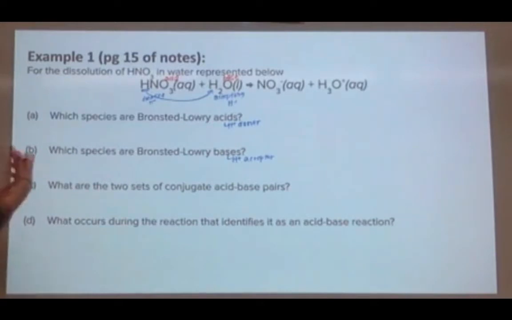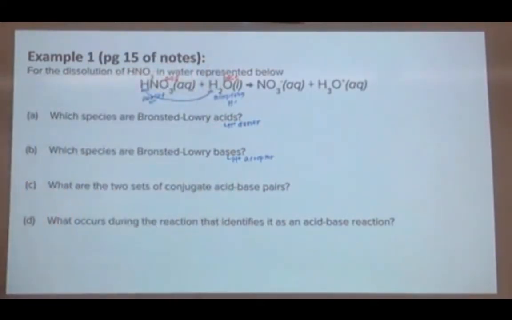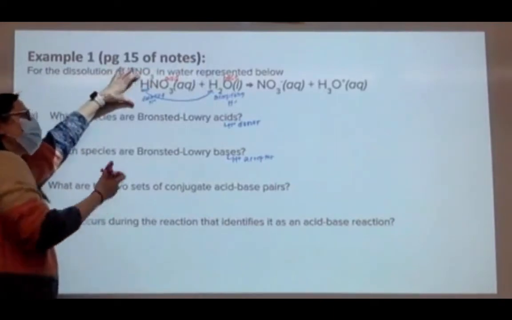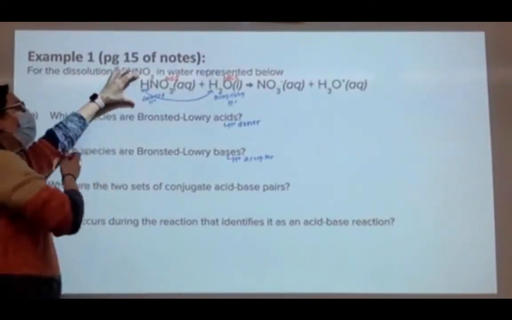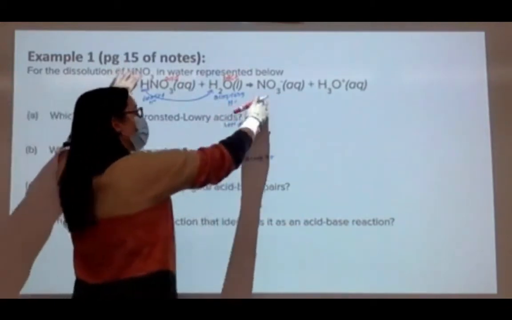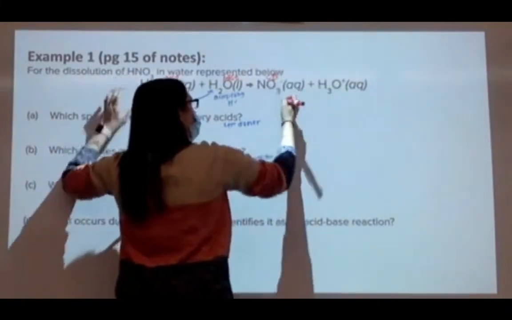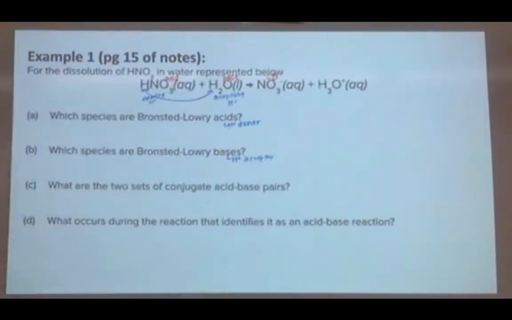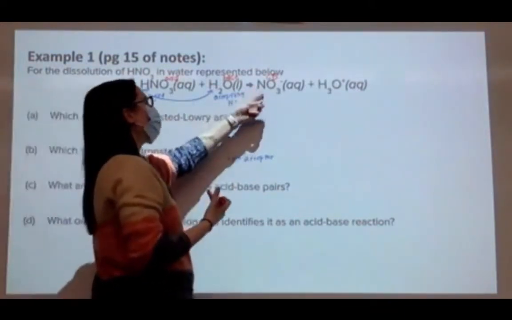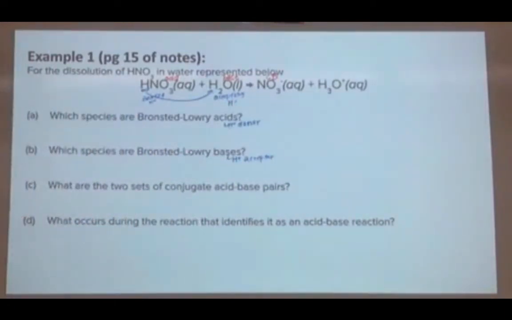Conjugates are what we get after making changes to what we have on the left side. So HNO3 acts as my acid. Once HNO3 loses the H+, it becomes NO3-. NO3- is called the conjugate base. So I always label CB for conjugate base. The conjugate base is what is produced after the acid loses the H+.